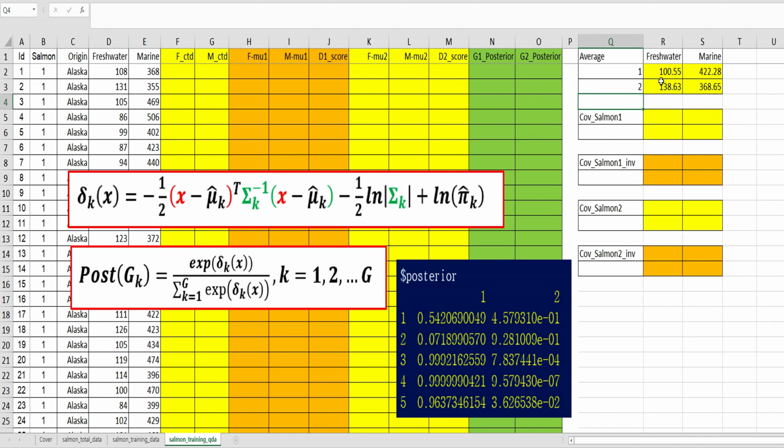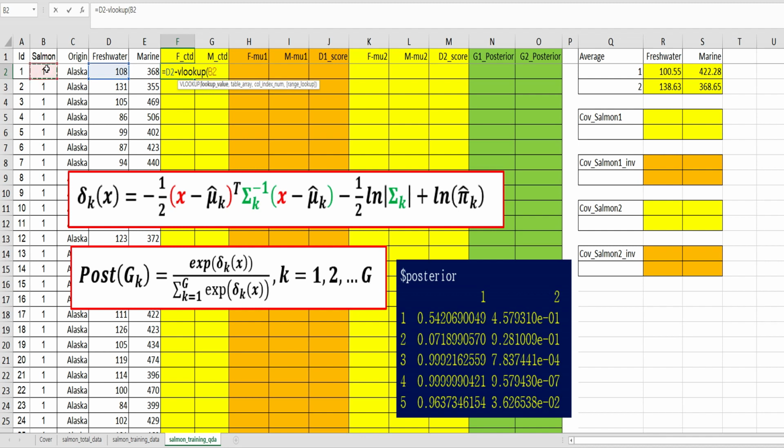I have calculated freshwater and marine averages by using the average function. In order to calculate covariance matrices for salmon 1 and salmon 2, in column F and column G, let's enter data, freshwater and marine. So freshwater minus, we can think of VLOOKUP function.